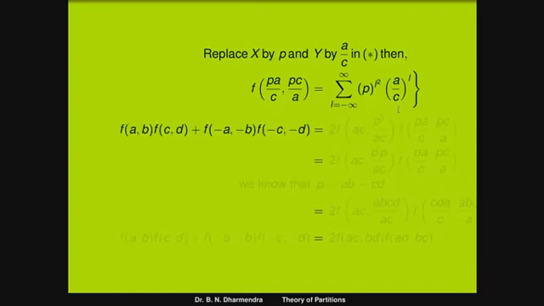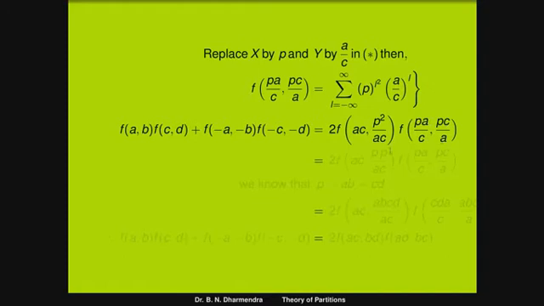And the next one: when I substitute that value of f of a comma b, f of c comma d plus f of minus a comma minus b into f of minus c comma minus d, we can replace those two series, that is equal to 2 times f of ac comma p square by ac into f of p into a by c comma pc by a.